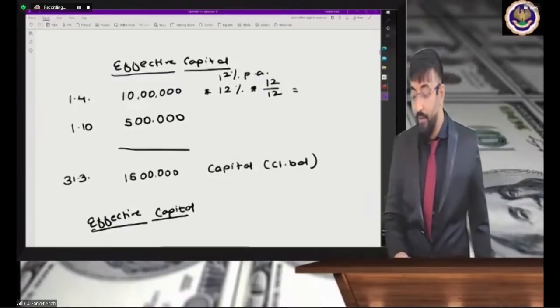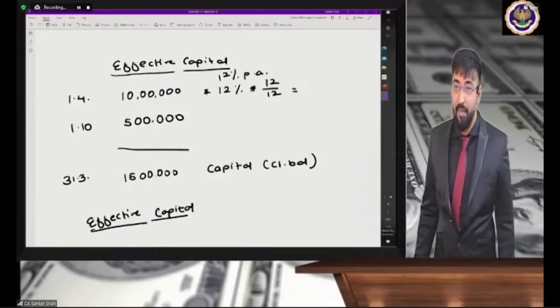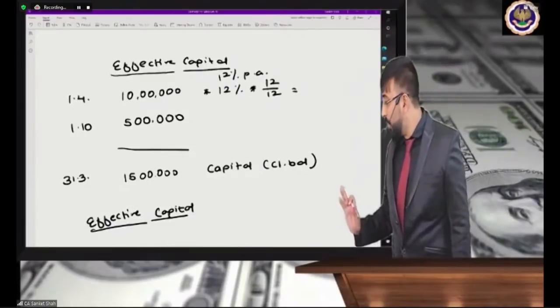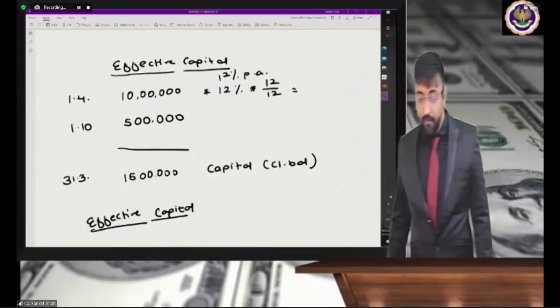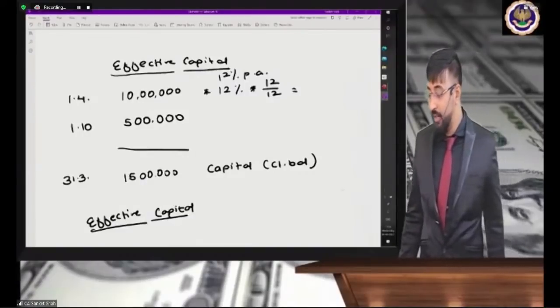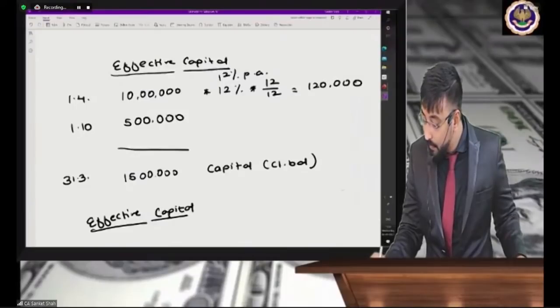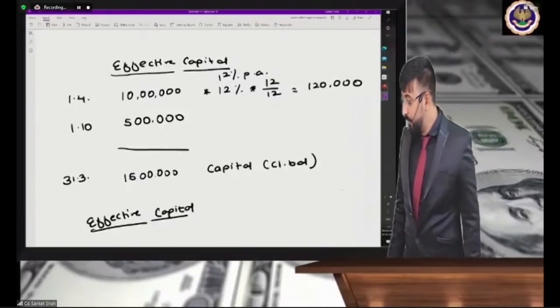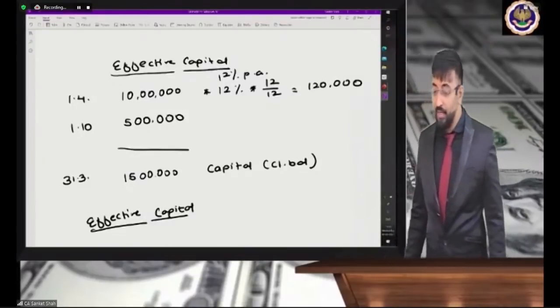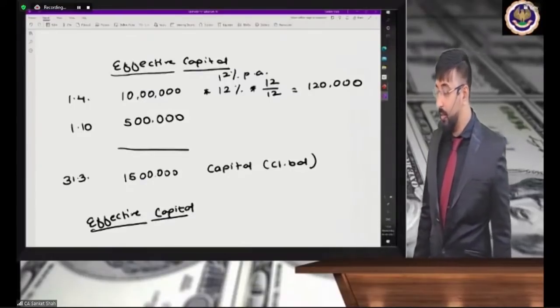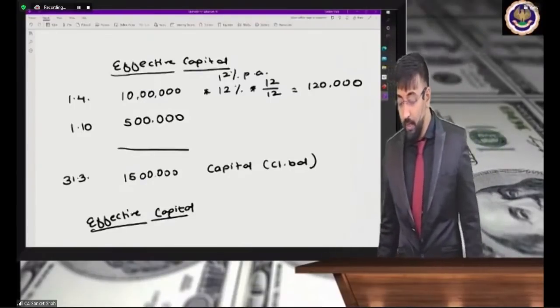So I'm telling you what is the logic of effective capital. So beta, 12% for 12 months. Correct, beta Pratham? Very good. So 10 lakhs into 12% for full year, that means how much is it, beta? 1,20,000. Okay? 1,20,000 is the effective interest for full year.